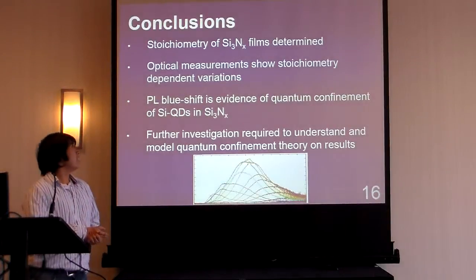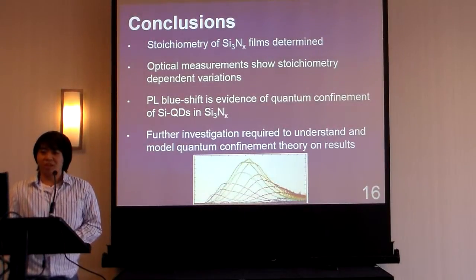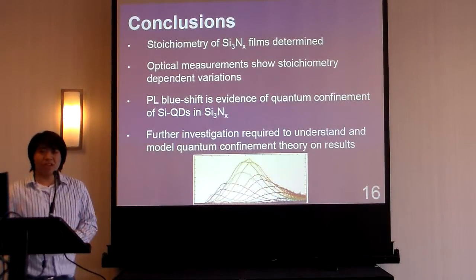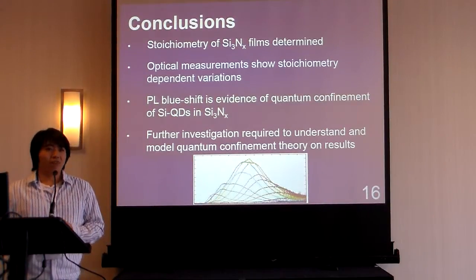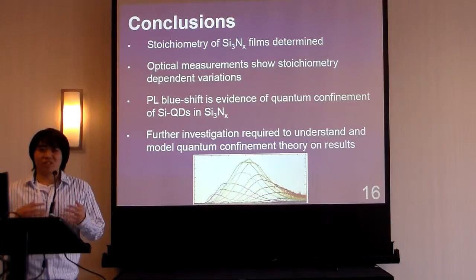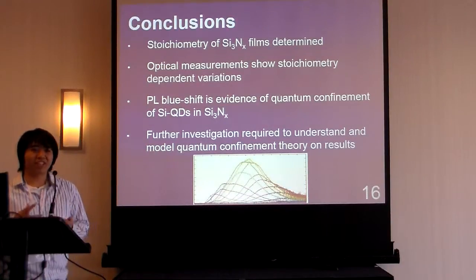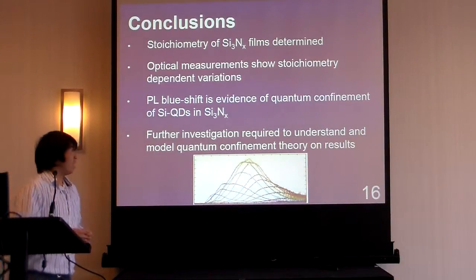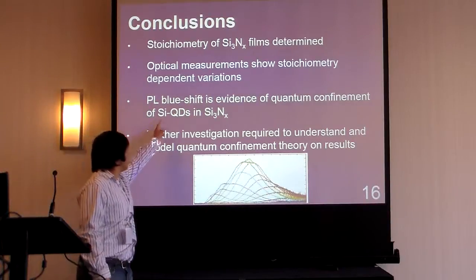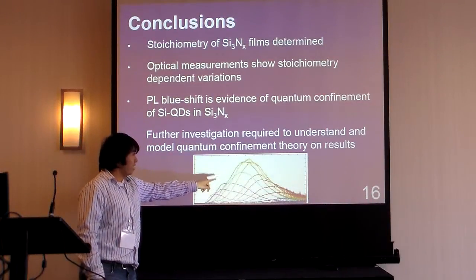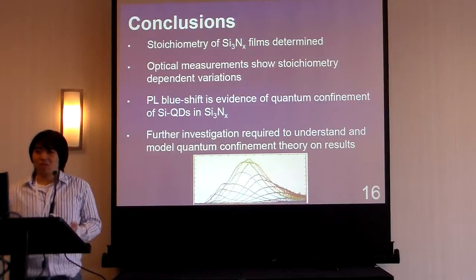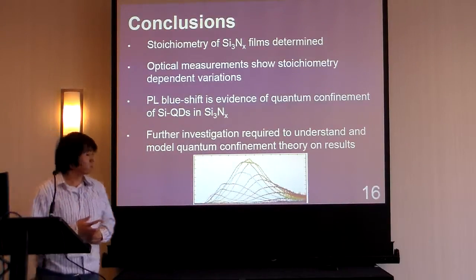So in conclusion, I determined the stoichiometry of silicon nitride samples, and then I applied a series of optical measurements just to show that there's stoichiometry-dependent variations in the optical properties. And the highlighted result is the PL blue shifting, and this actually provides evidence that quantum confinement occurs in this system.